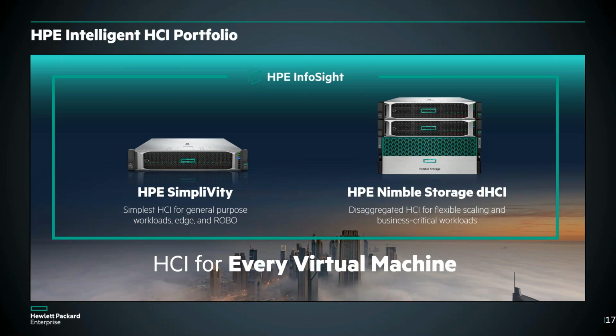Whereas Nimble Storage dHCI, on the other hand, is for larger memory requirements or higher performance demands, in particular if you've got throughput of around over 60,000 IOPS. That's potentially where you may want to consider a Nimble Storage array.